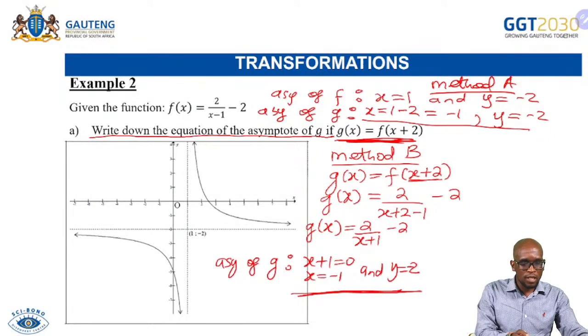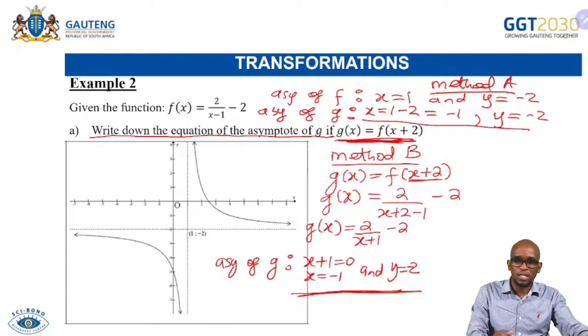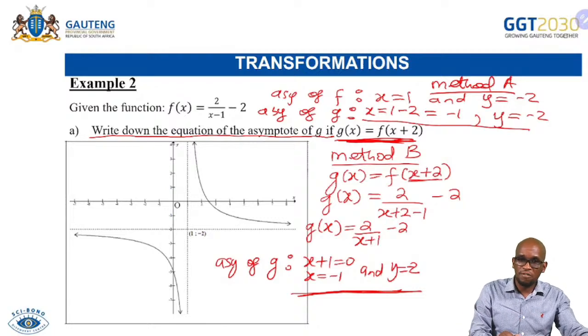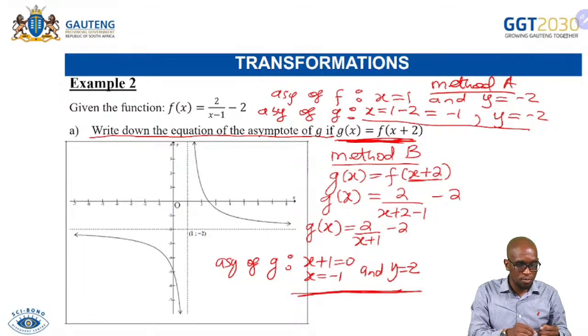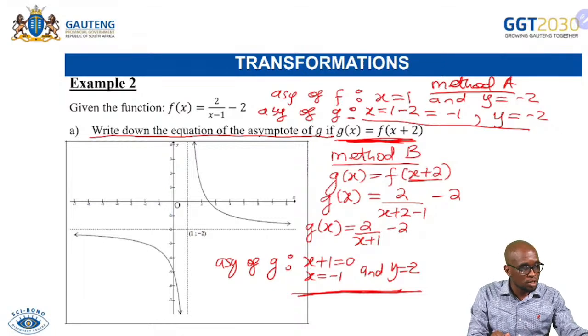With method A, I found the asymptotes for the original function, and then I transformed those asymptotes using the given transformation. With method B, I wrote down the new equation of g, which was f transformed. After getting the equation of g, I get the asymptotes from that particular equation.